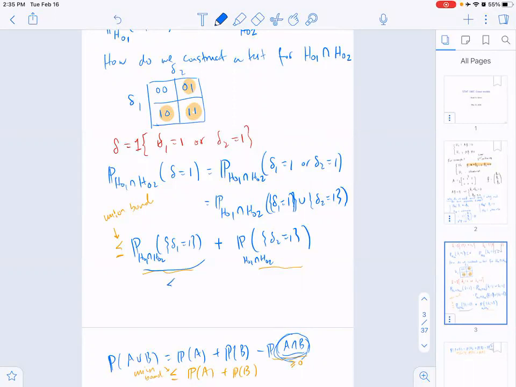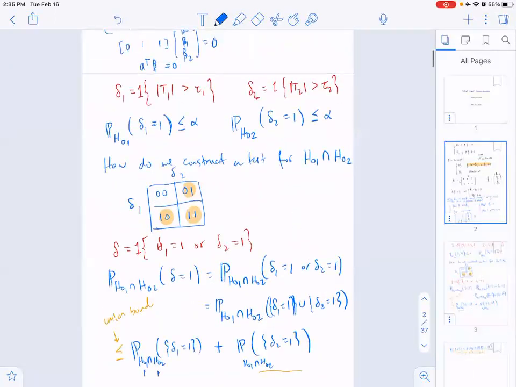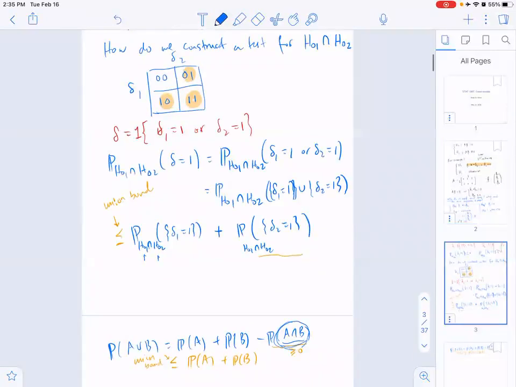Yeah, so this is going to be upper bounded by alpha because this is saying, assuming that both H0 1 and H0 2 are correct, then what is this probability? I know that whenever H0 1 is correct, this is bounded by alpha. So this is even better. I have more information, which I don't need. So this is going to be upper bounded by alpha, the way we designed it.